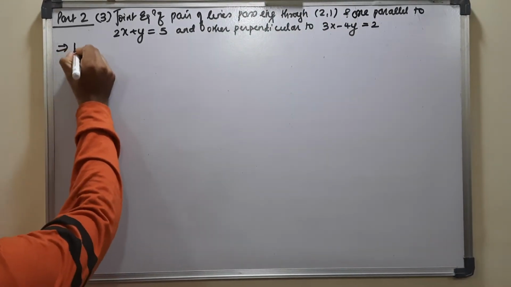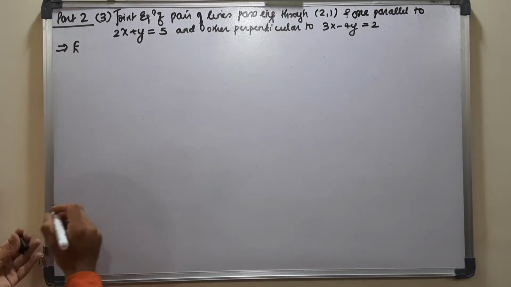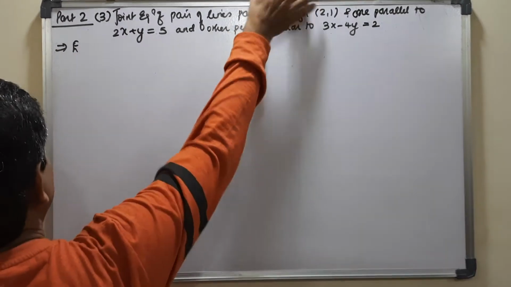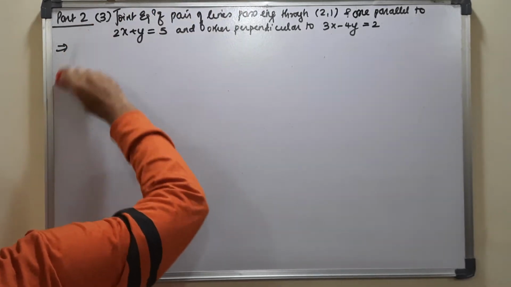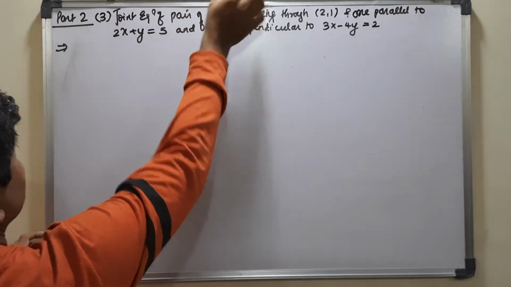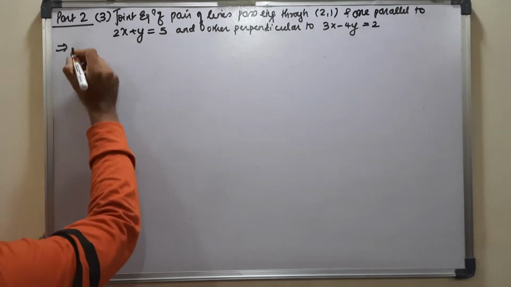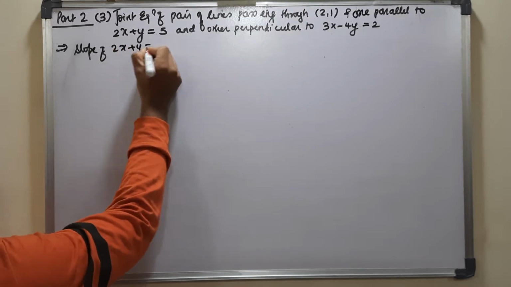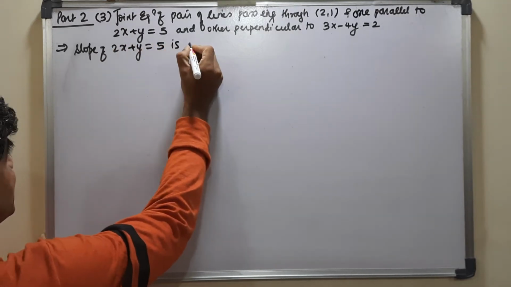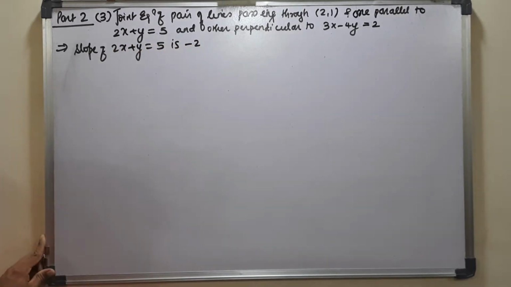I will write the slopes of both first, so that it will save my time. The slope of 2x plus y equal to 5 is minus a by b, that is equal to minus 2.